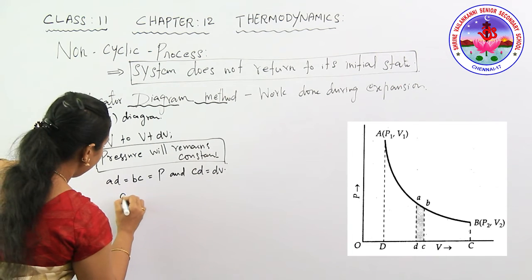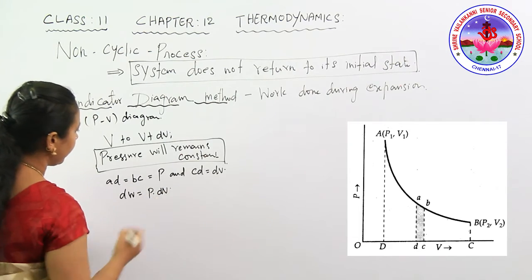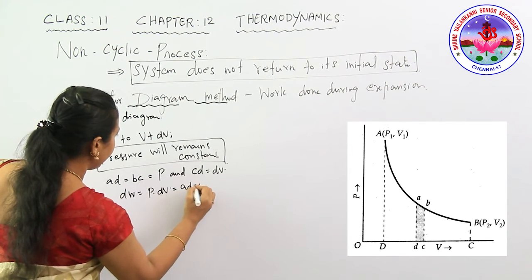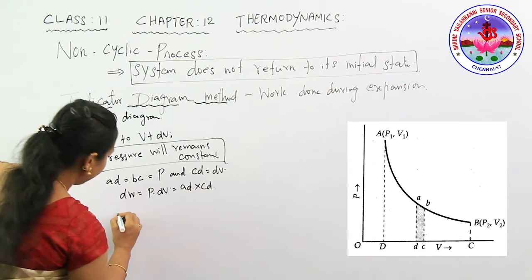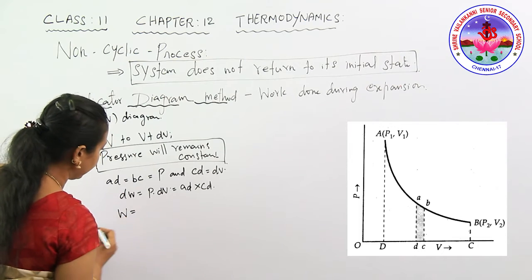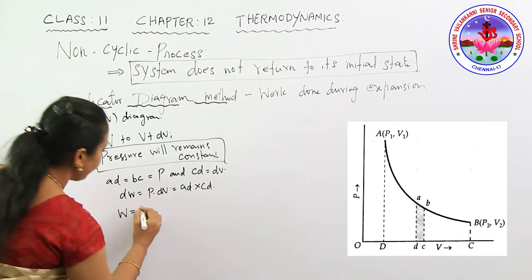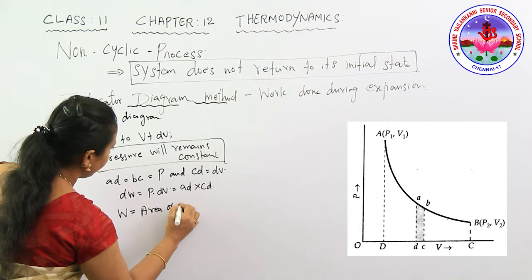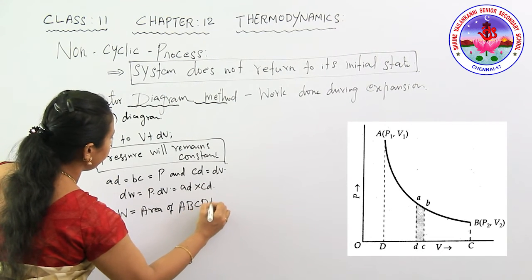So the work done dW is equal to P into dV. That means AD into this CD. Right? So for the whole work done, by observing the graph, the area of A, B, C, D, A.